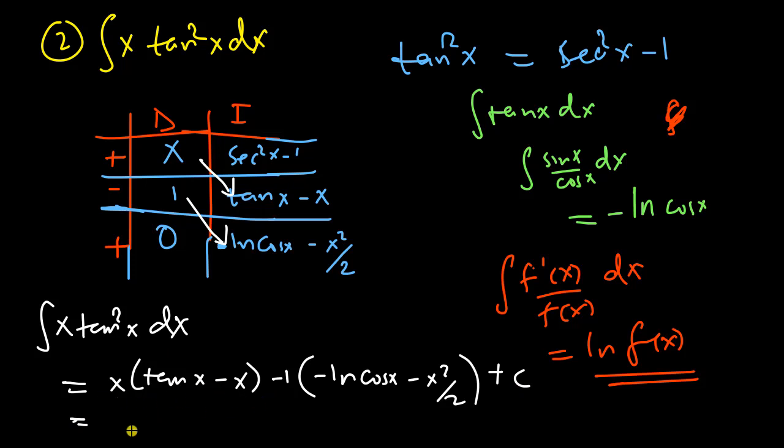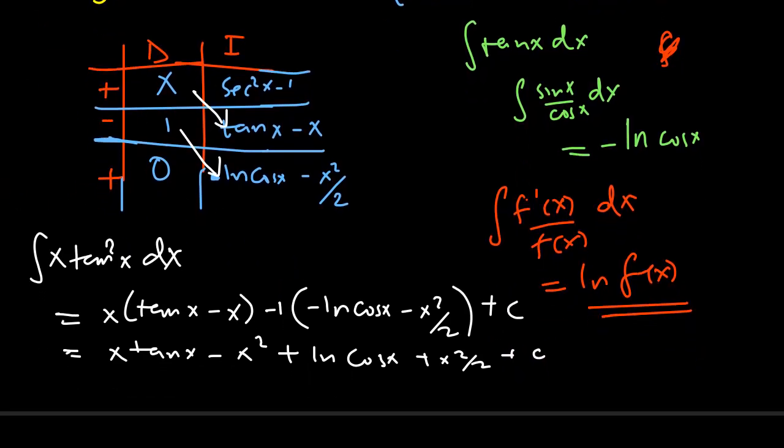So you could expand this. Here I have x tan x minus x squared plus the natural log of cos x plus x squared over 2 plus a constant. Maybe just one more step to simplify this.